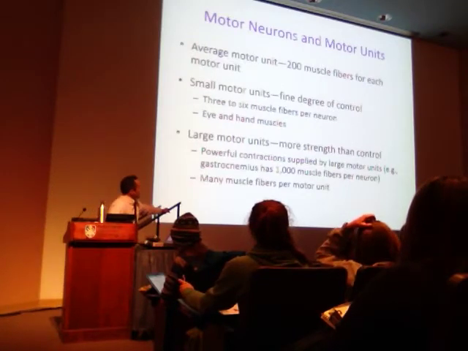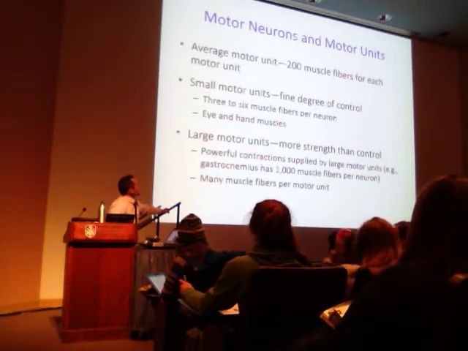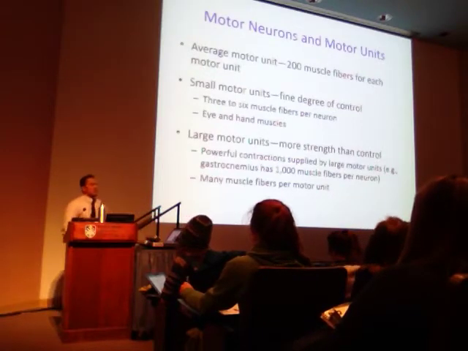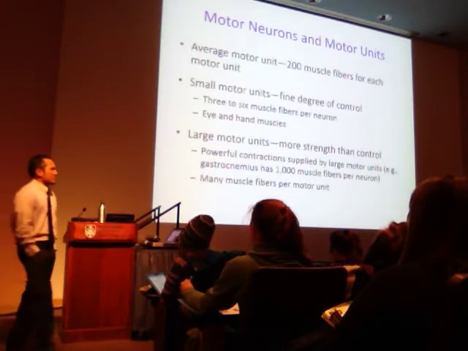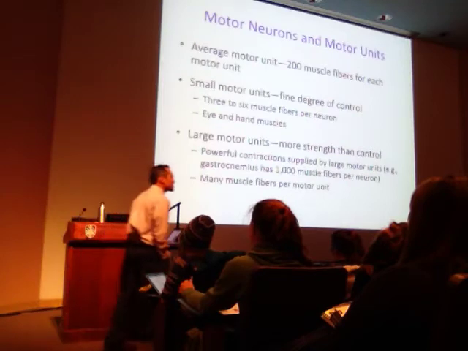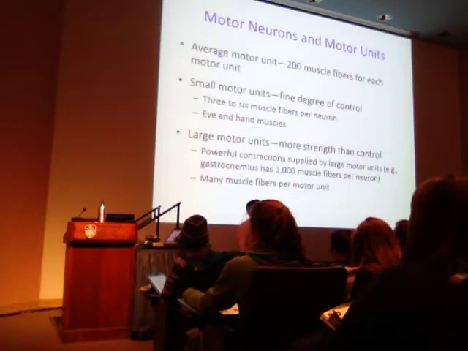Can you give an example of an average motor unit, like what muscle? Somewhere in between. A lot of the average ones would probably be like the rectus abdominis, muscles that are not huge, but not really, really small. Like the serratus anterior, the sternocleidomastoids.